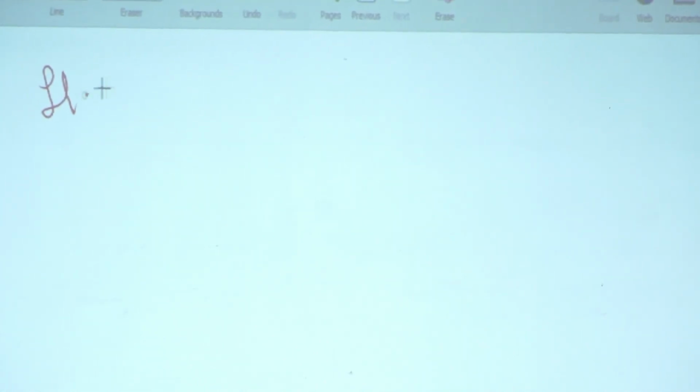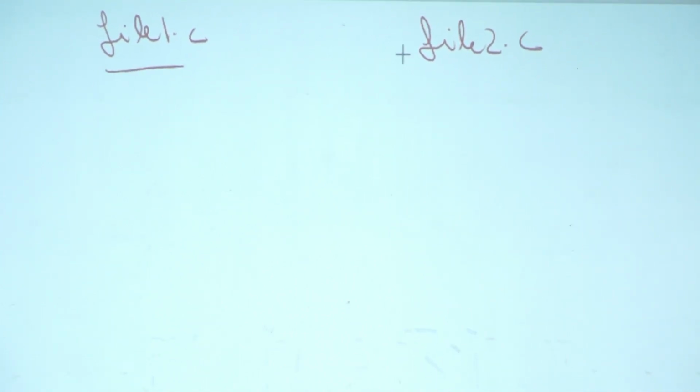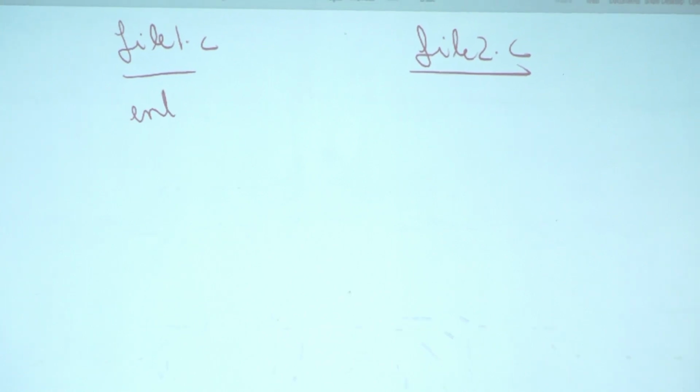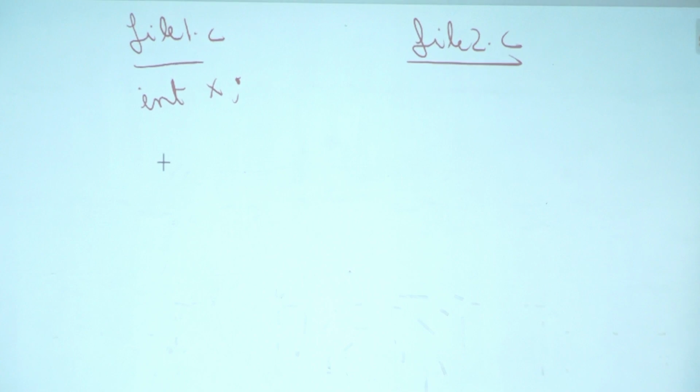Okay, now I go back to the f1.c, or let me call it file1.c as I did earlier, file1.c, file2.c. Now I say int x and I say f1 some function, I say x equal to 10.